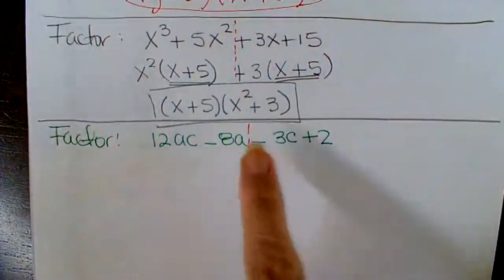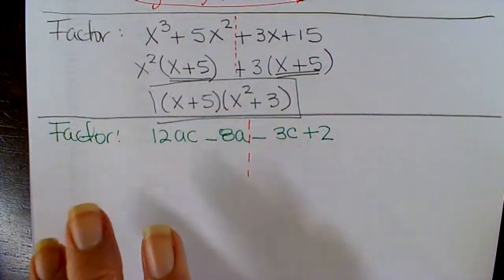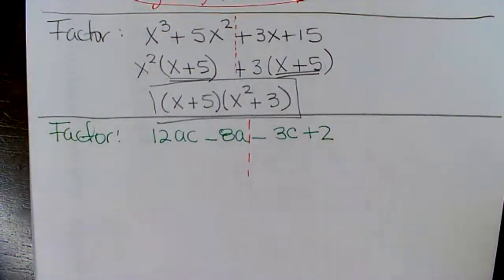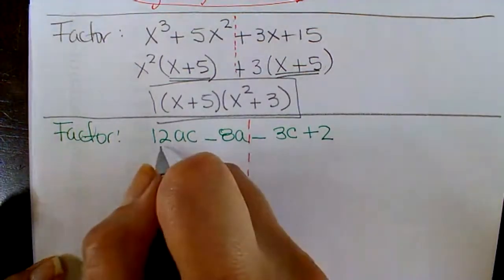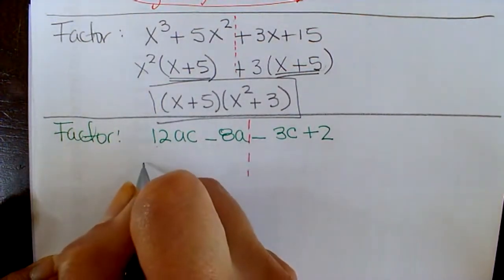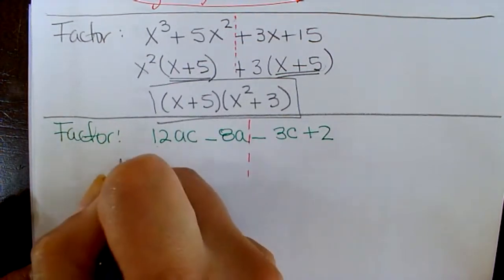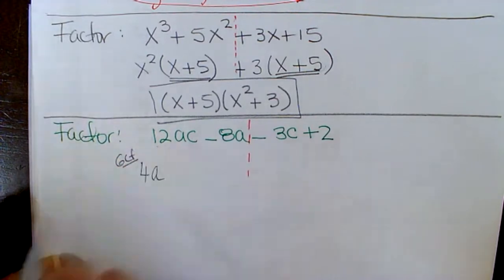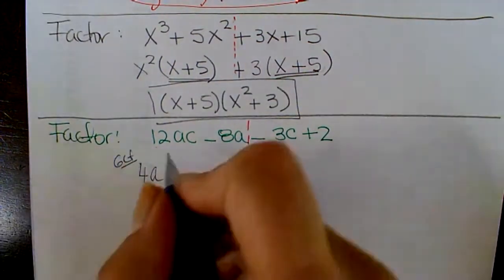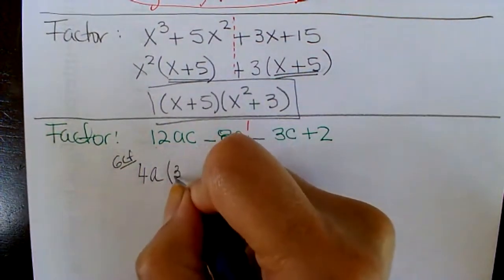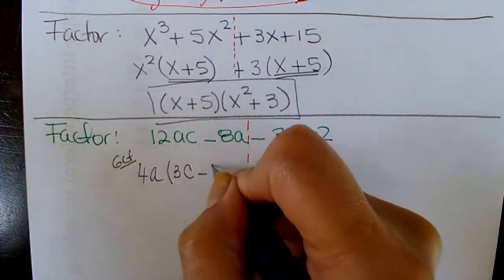It has 4 terms, and they're asking me to factor by grouping. So between these two terms, 4a is going to be my greatest common factor. What do I have left? I have a 3c minus 2.